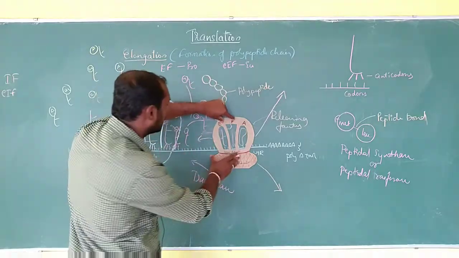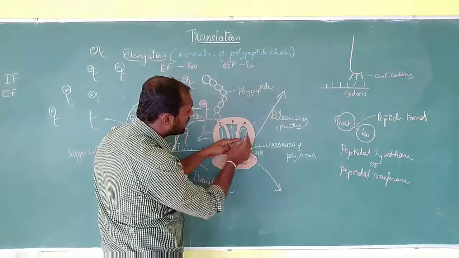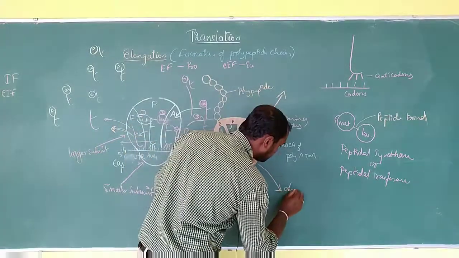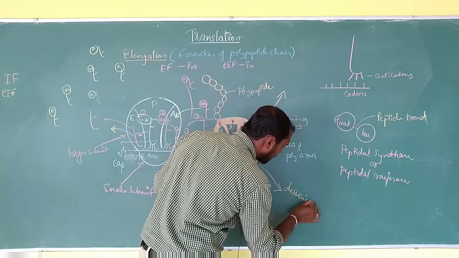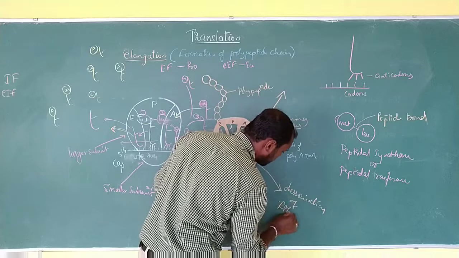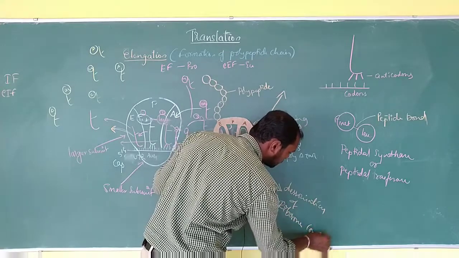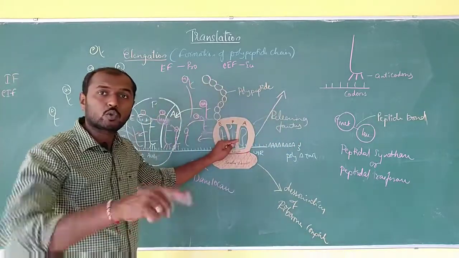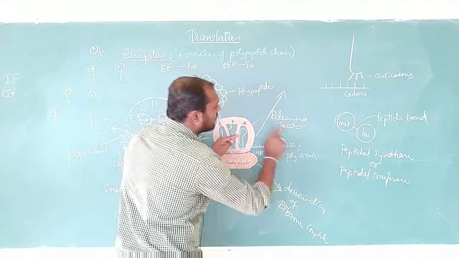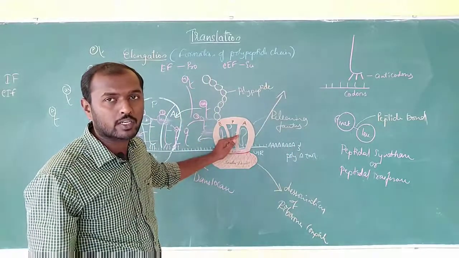The last tRNA gets released, and because of these releasing factors, the ribosome complex dissociates. There are eukaryotic releasing factors and prokaryotic releasing factors.